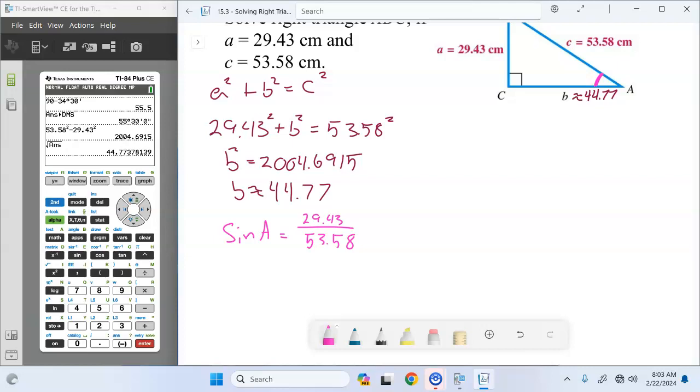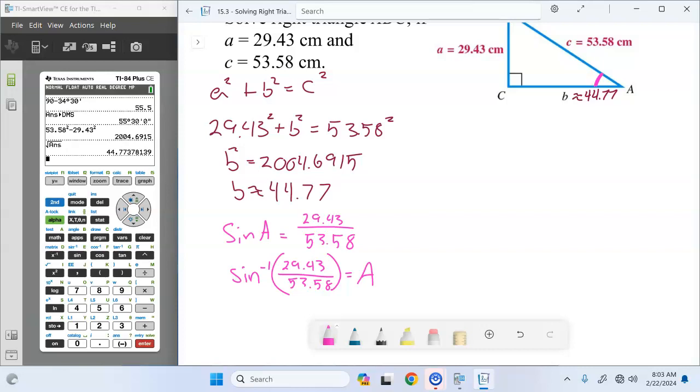And so to find the measure of angle A, we will take the inverse sine of our ratio, that's what that little -1 means, and that will give me the measure of the angle in degrees, because our calculator is in degrees mode. If our calculator is in radians mode, it would give us the measure of the angle in radians, which is really weird for a triangle. We don't ever want to do that. Okay?